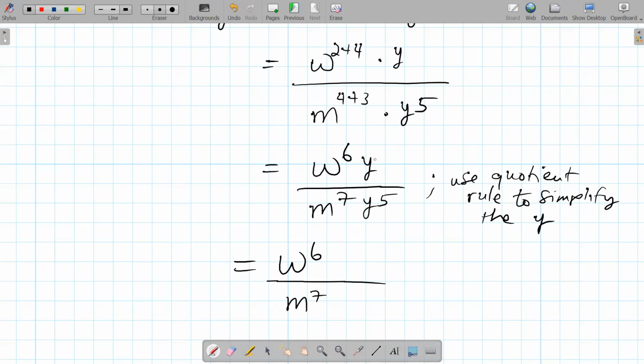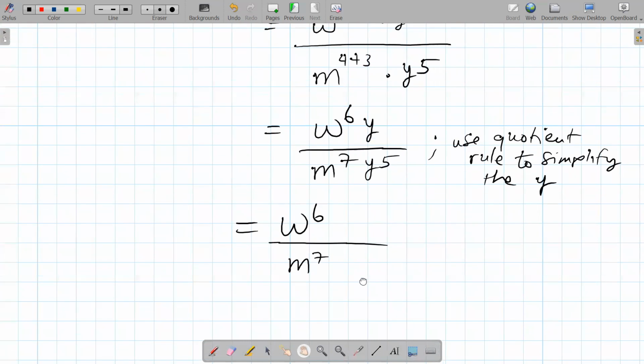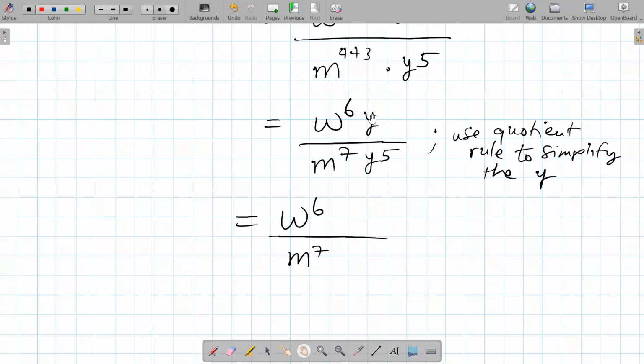Normally, we don't write it. So the power 1 is here. And this Y has a power what? 5. So for me to simplify, this Y has to subtract from this Y to the 5th power. Okay. And that means that it is moving its position from the numerator to the denominator to subtract. So you will have a case like Y 5 minus 1.